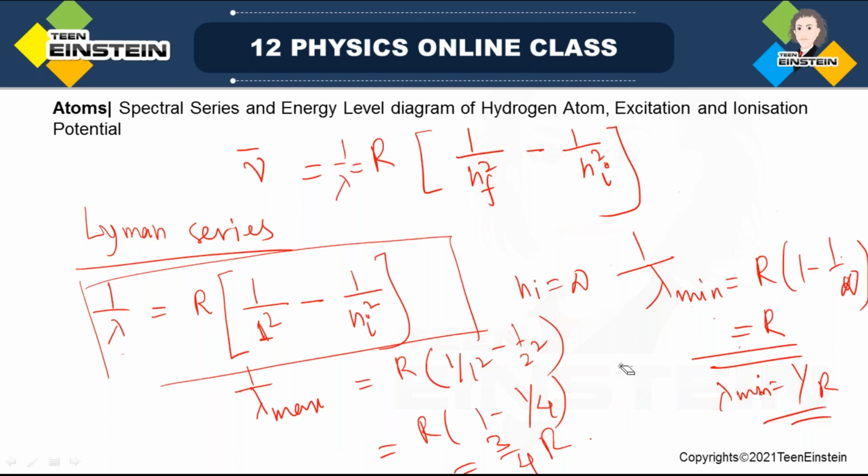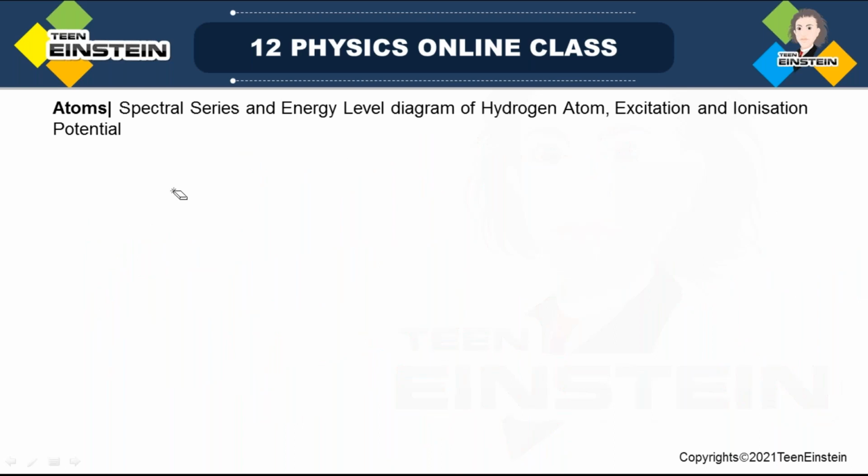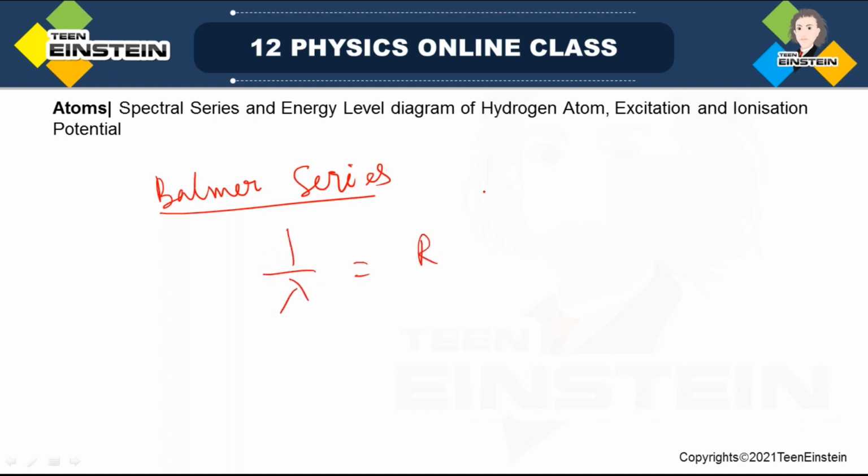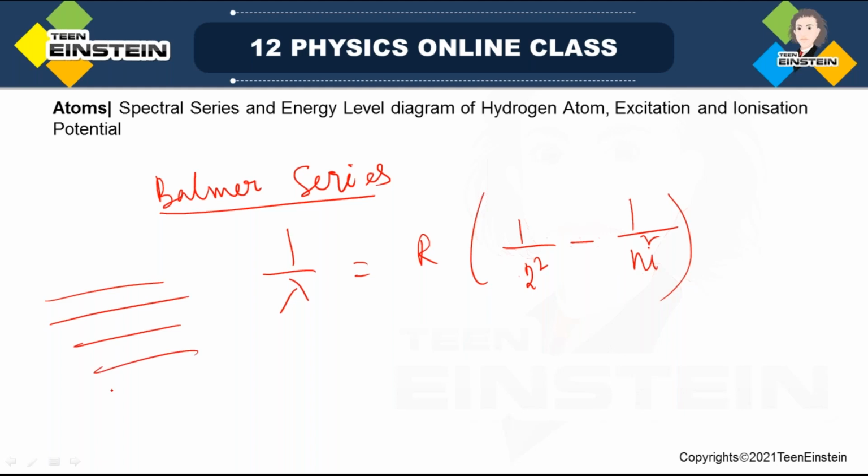Similarly, I'll go to the Balmer series. In case of the Balmer series, see, 1 by lambda is equal to this. Now the final state is n equal to 2 squared, and this initial state can start from anywhere starting from 3.